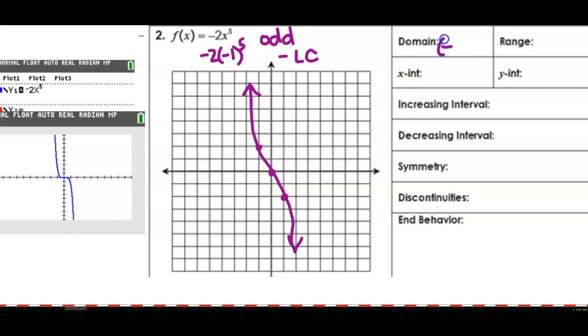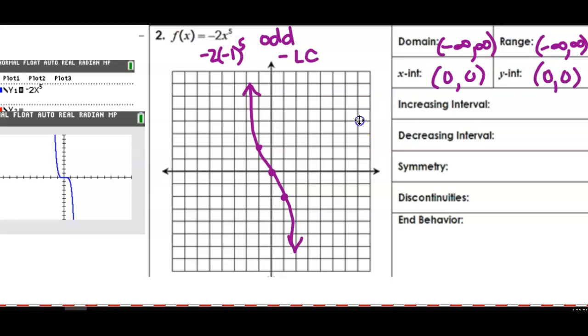All right, domain is, you can put anything in and get anything out because it gets wider and wider, though very slowly, as it goes left and right. That would be domain, and it goes up and down forever. That would be the range. It goes through (0, 0).